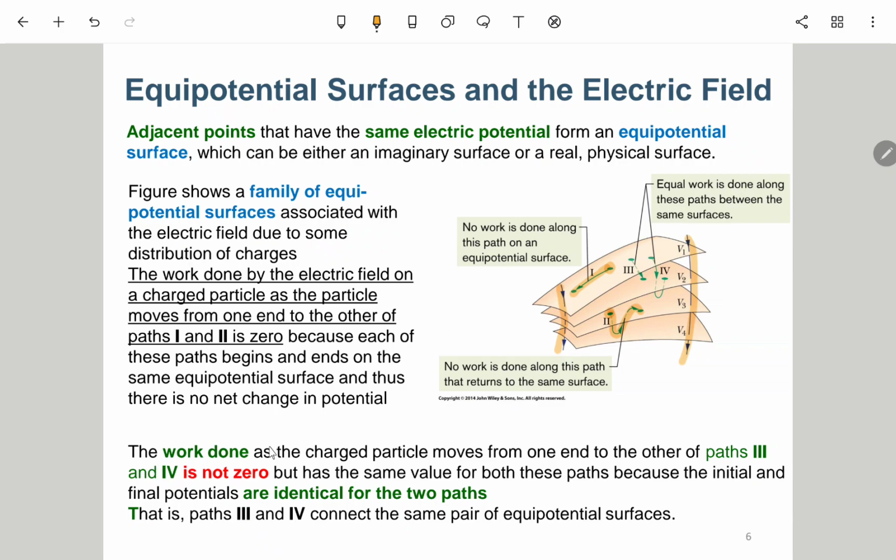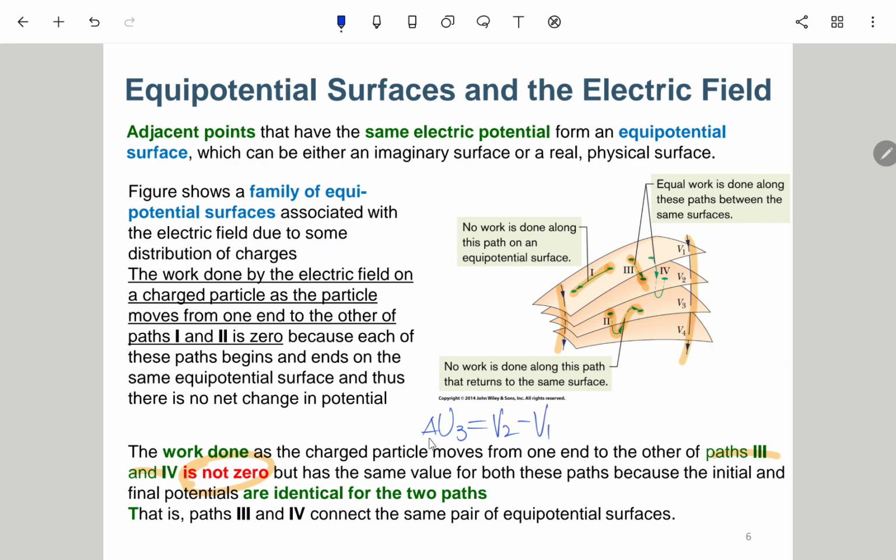Okay, and the work done as the charged particle moves from one end to the other of paths 3 and 4 is not 0. Here you move from V1 to V2, so delta U3 is V2 minus V1.